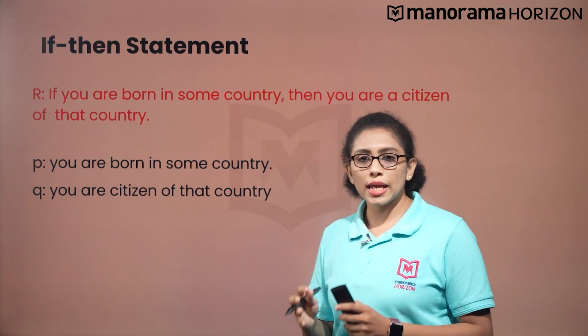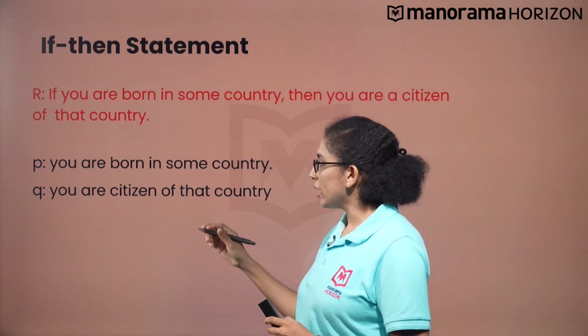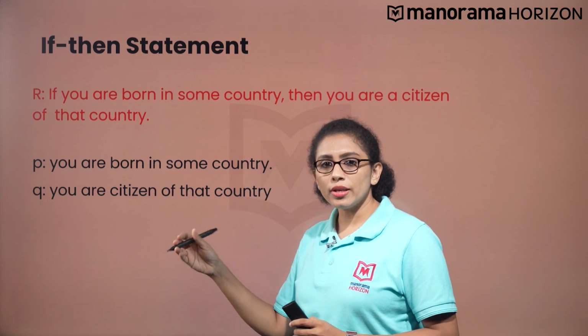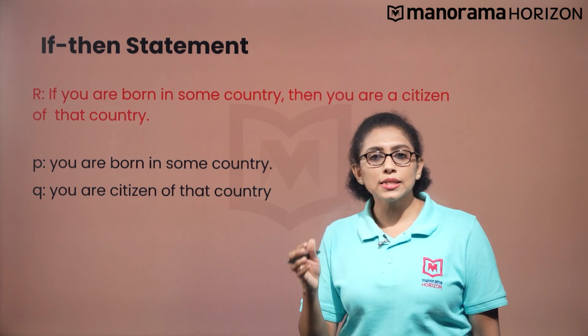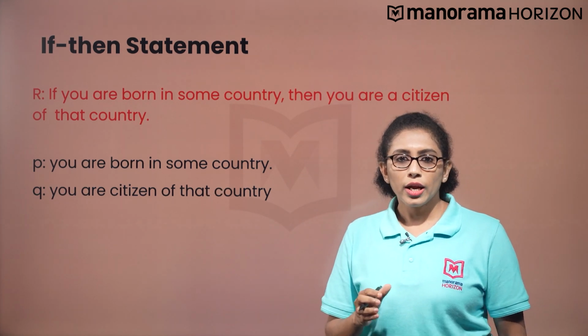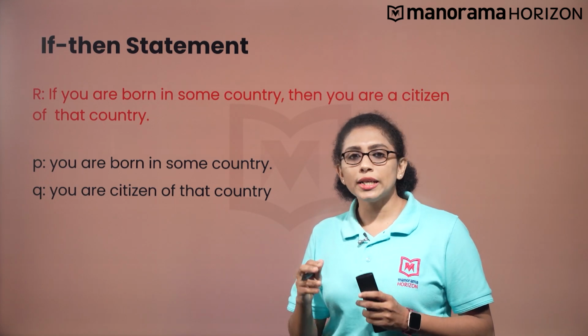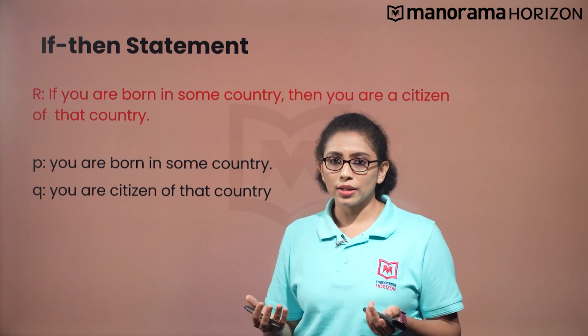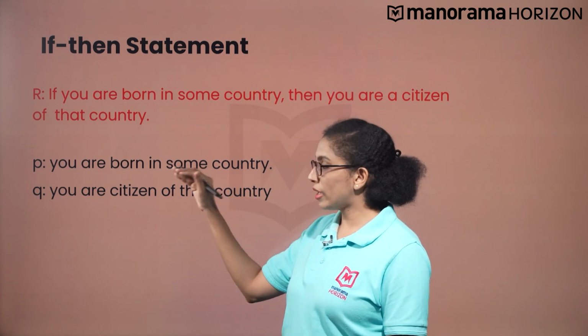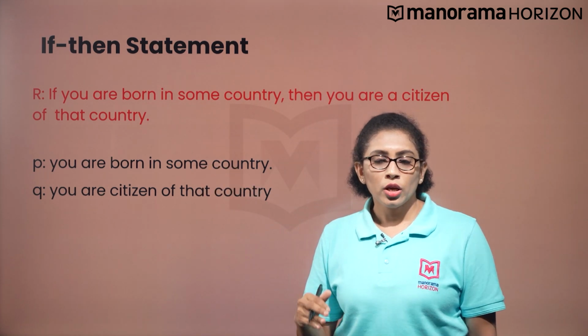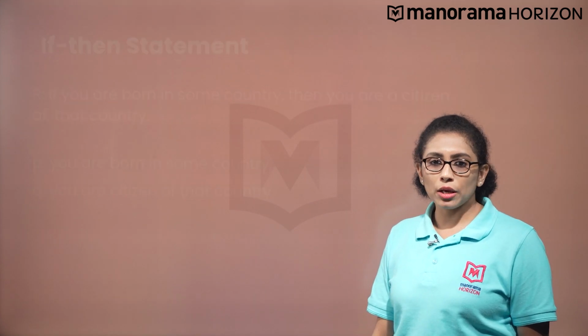Here we can say that the statement P explains something happening and the statement Q implies the effect of the happening. In this, the statement P does not say anything about the happenings, but the statement Q has no effect with respect to P.